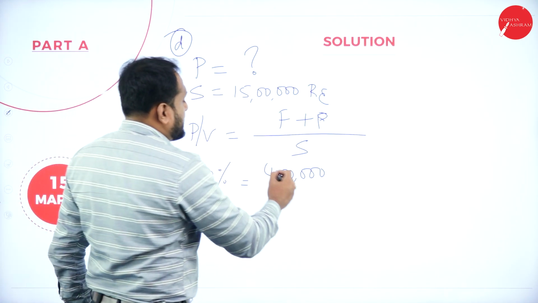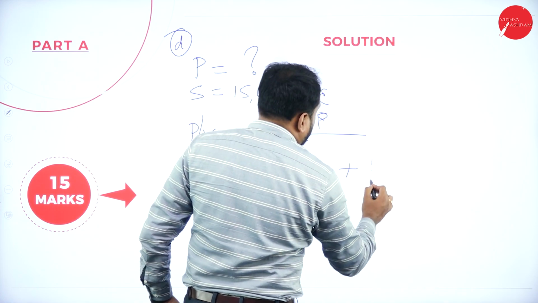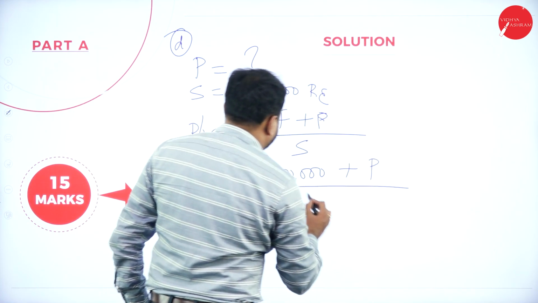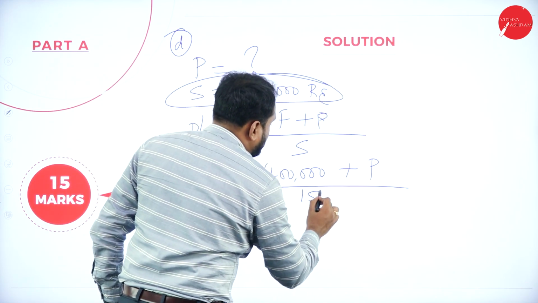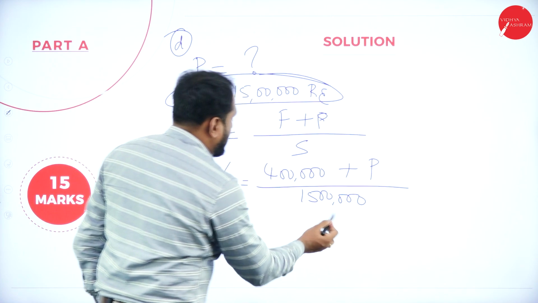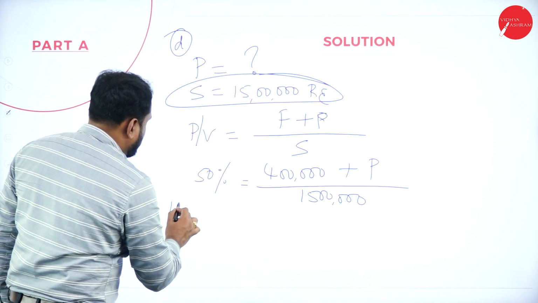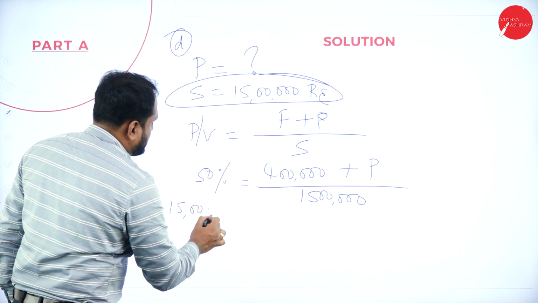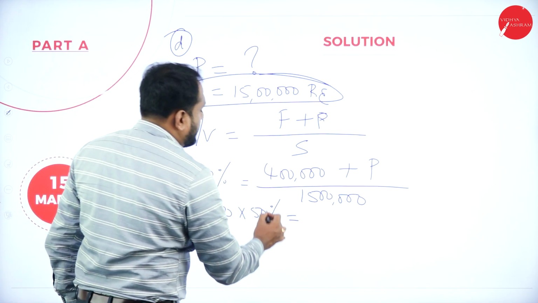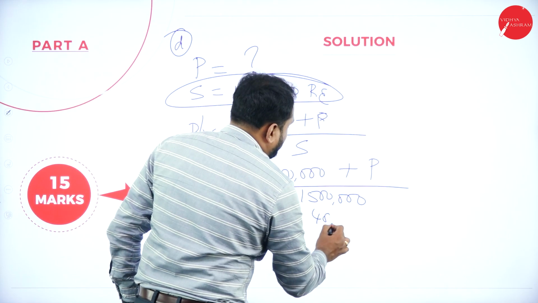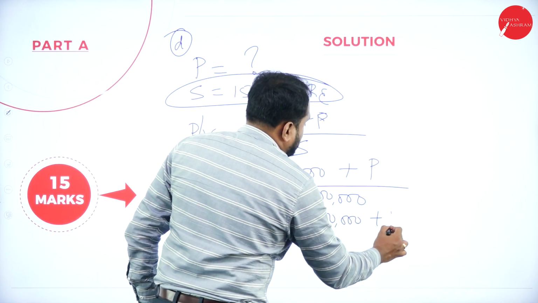Now the same way plus profit is what we need to find divided by sales. They have only given that is how much? 15 lakh. So put it here. 15 lakh. Cross multiply, 15 lakh into 50% is equal to the remaining here 4 lakh plus P.